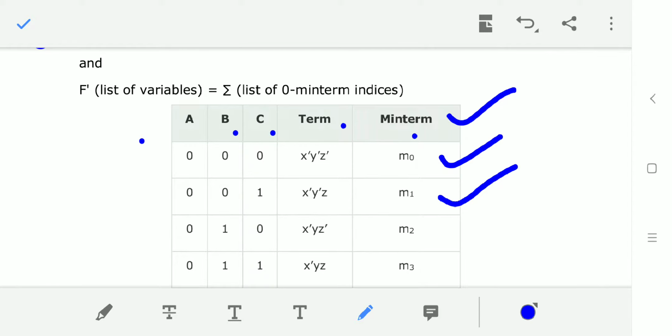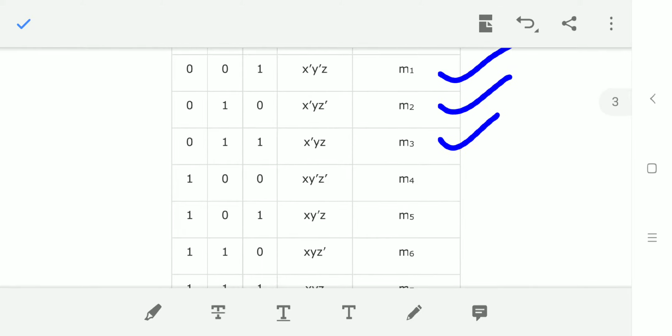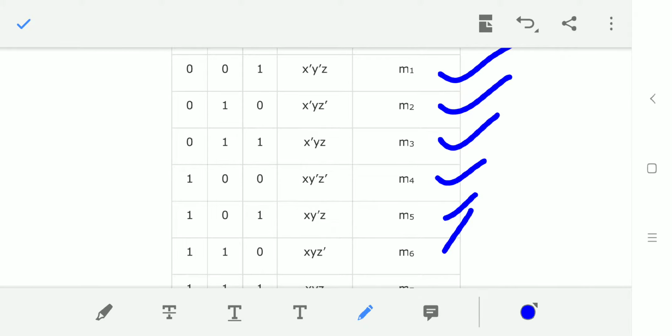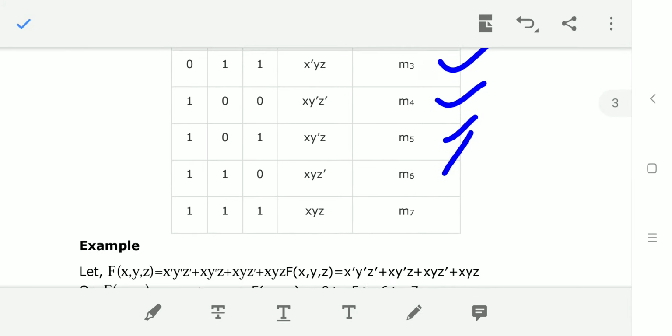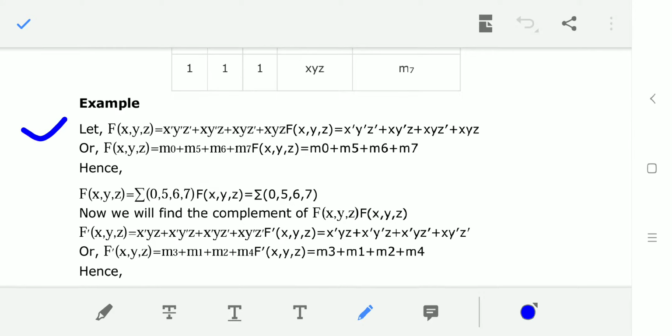If A is 0, C is 0 and only B is 1, then this is M2, and this is M3 if A is 0 and B and C are 1. In this way you can continue. This is the example, you can understand.